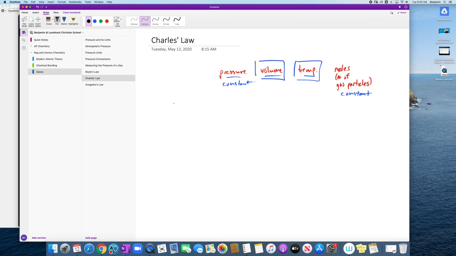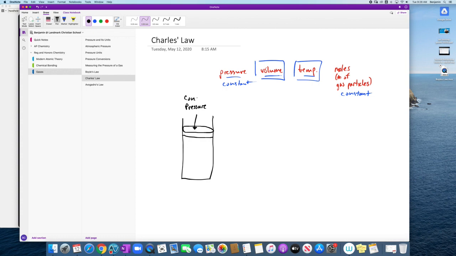So we could talk about balloons, that works as well, but I want to draw something hopefully a little bit simpler. Imagine you have a little chamber with a piston inside of it. That's something that can kind of move up and down, kind of like a syringe. And let's imagine you have a constant amount of pressure pushing down on it.